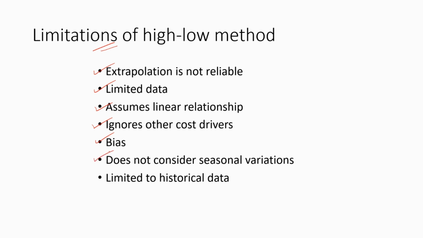Does not consider seasonal variations. The high-low method does not take into account seasonal variations in cost behavior, which can lead to inaccurate cost estimates. Limited to historical data. The high-low method relies on historical data and may not be useful for predicting future costs or changes in cost behavior.